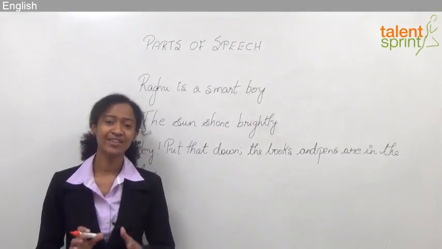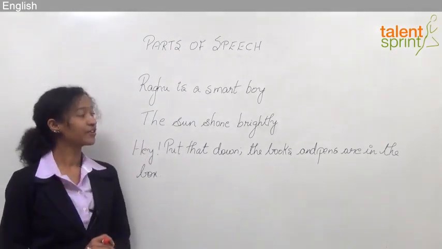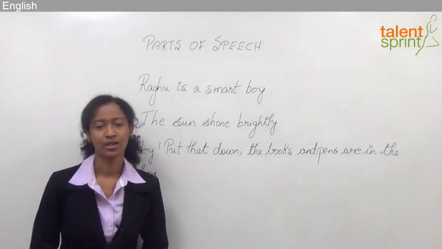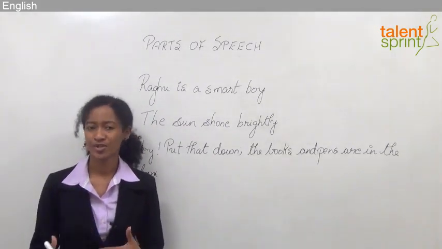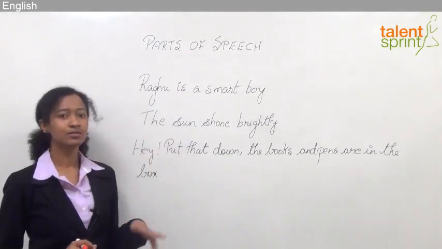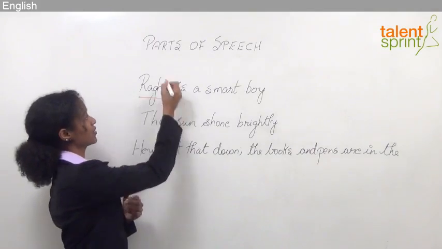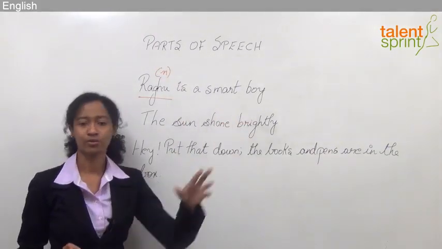So let's look at the 8 parts of speech with these examples. Let's look at the first one. Raghu is a smart boy. Now, I understand that my noun is a name of a person, place, or a thing, right? So here, the name of a person, Raghu. So this is my noun. Now, I also have boy, which is also a noun.